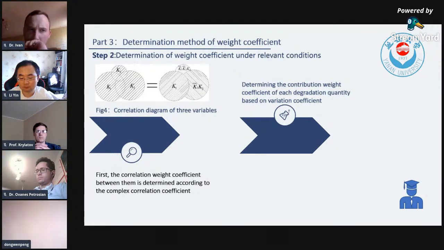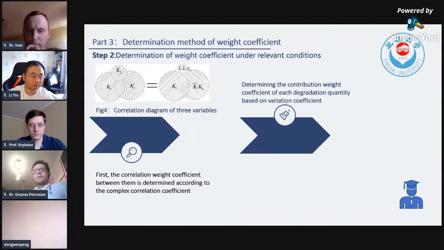The weight of the degradation variable should be the correlation coefficient based on the complex correlation coefficient of each degradation variable, which reflects the correlation degree of each degradation quantity.